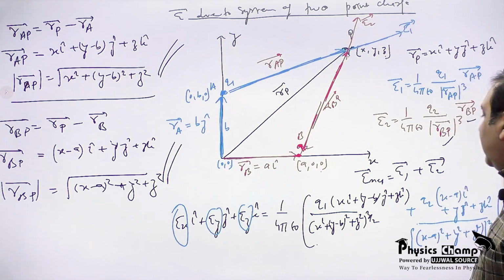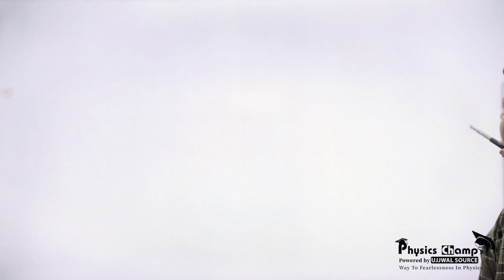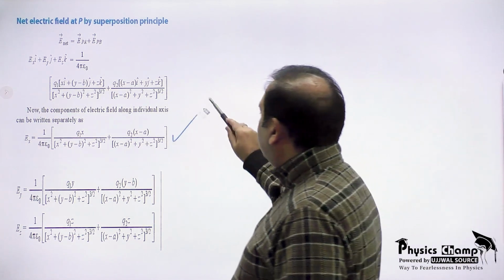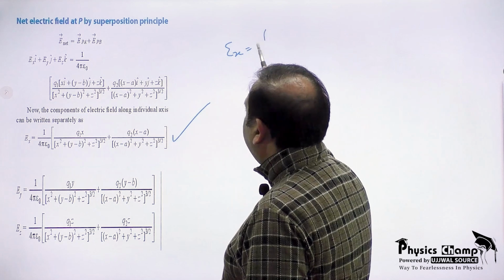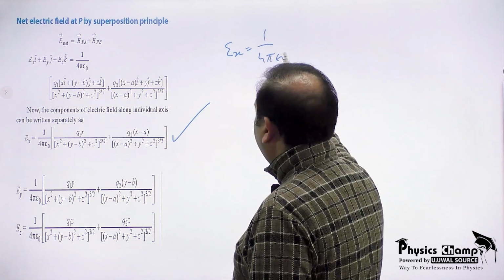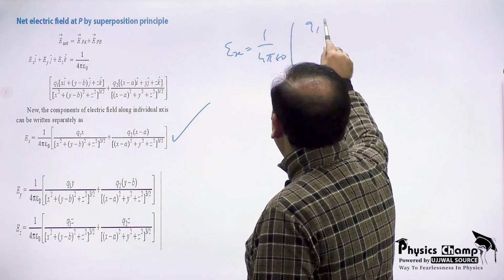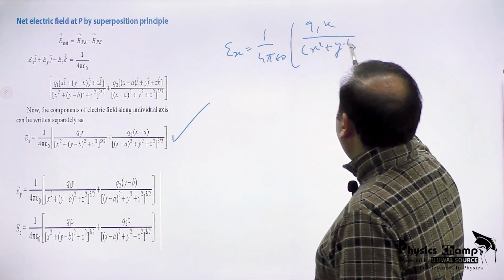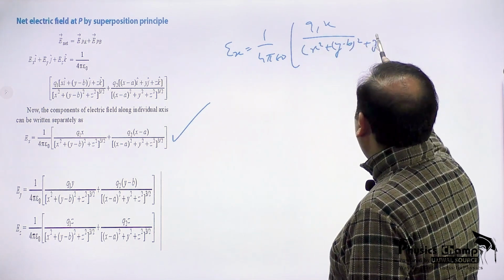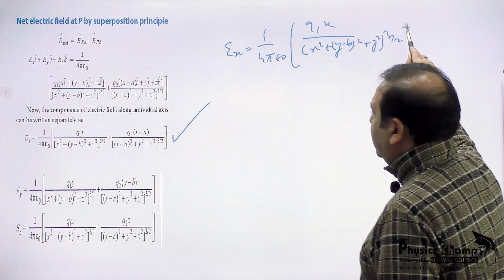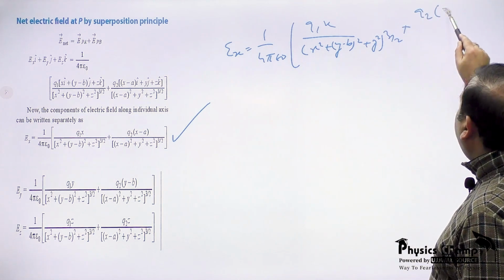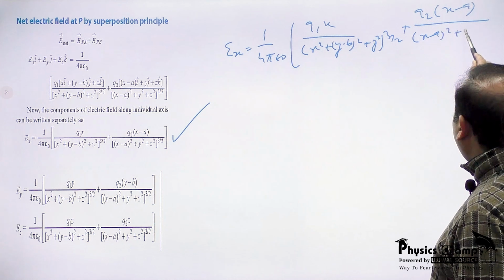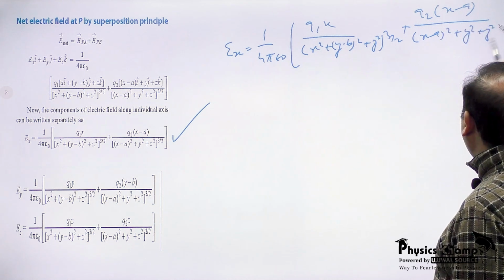So as a whole what we are getting here is Ex as 1 by 4 pi epsilon naught Q1x by (x square plus (y minus b) square plus z square) to the power 3 by 2 plus Q2 into (x minus a) divided by ((x minus a) square plus y square plus z square) to the power 3 by 2.